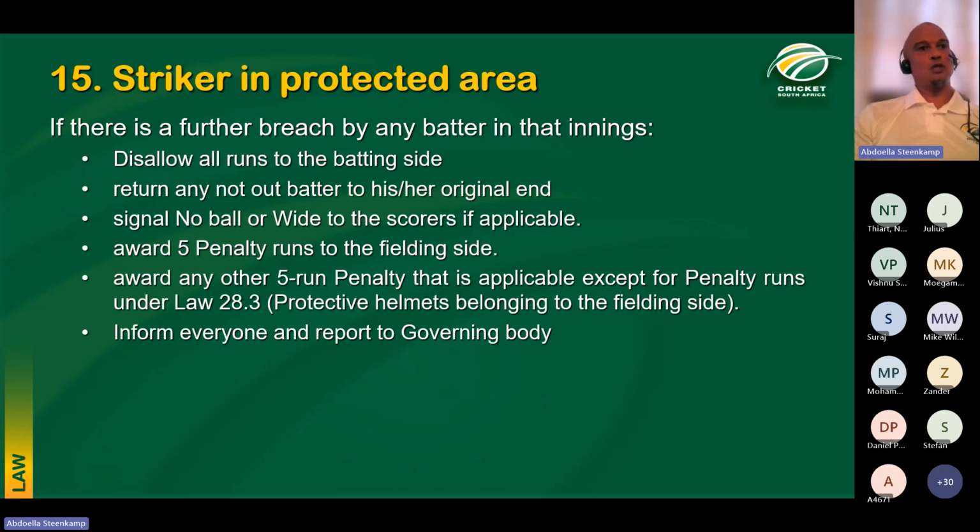So if it is the first morning of a Test match, I'll be a bit more lenient. I'll try to work with the bowler. But if this is day 4, morning of day 5, two spinners in their side, I would be much stricter in terms of giving these friendly warnings.